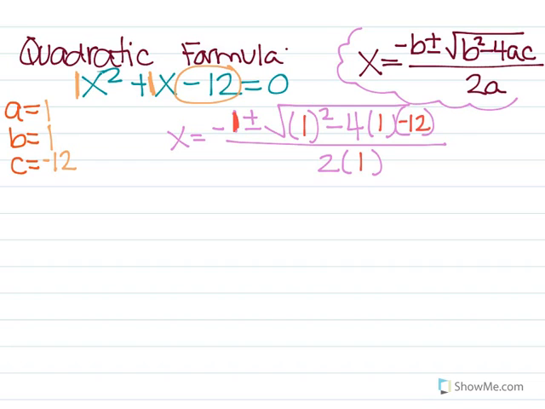So when we clean this up, we get x equals negative 1 plus or minus the square root of something, all over 2, because 2 times 1 is 2.